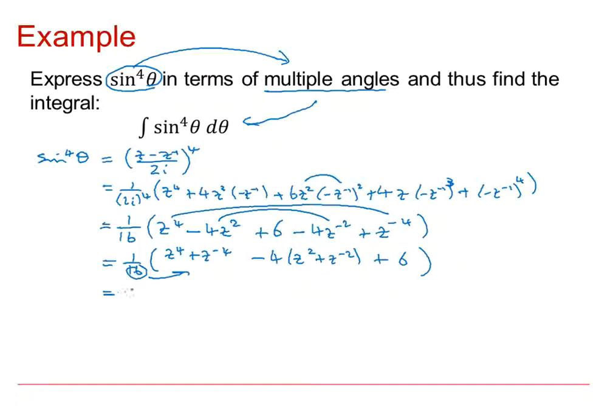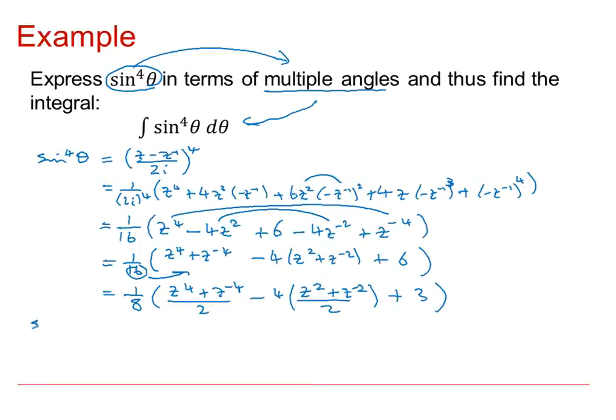So this would become 1 over 8 of z to the 4 plus z to the minus 4 over 2, minus 4 times z squared plus z to the minus 2 over 2, and of course there'll be a 6 over 2 at the end.